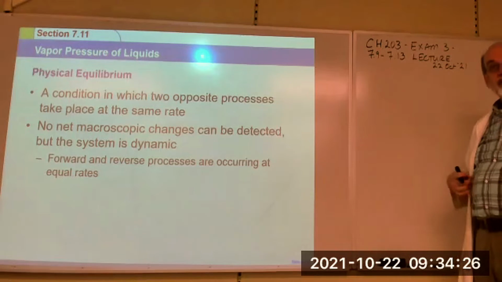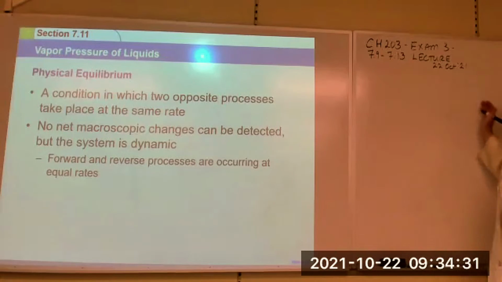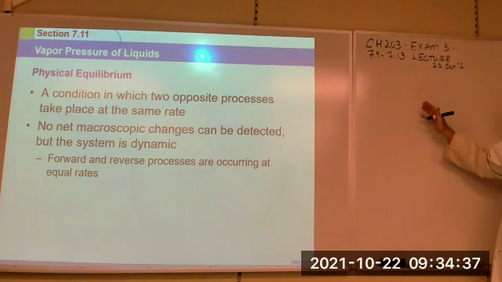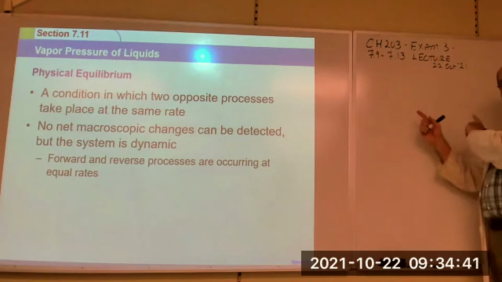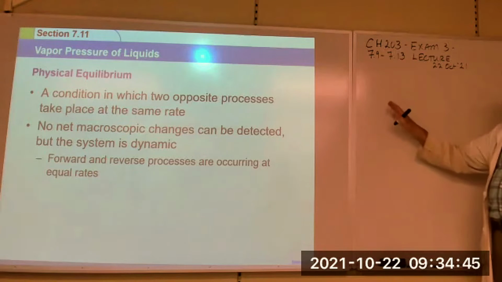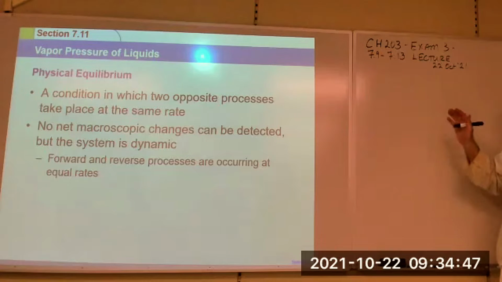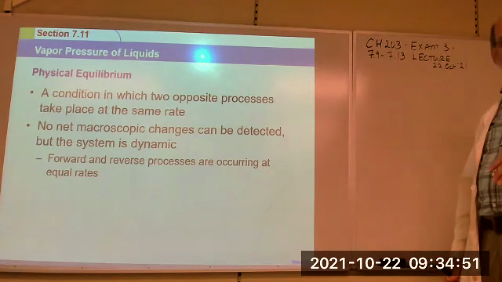And depending on the reaction, it could be weighted heavily toward products. So for all intents and purposes, it makes nothing but products until all the reactants are gone. But some reactions go backwards and forwards fairly freely. So you have lots of reactant and lots of product. And there's a way to express that. But right now we're talking about physical equilibrium.